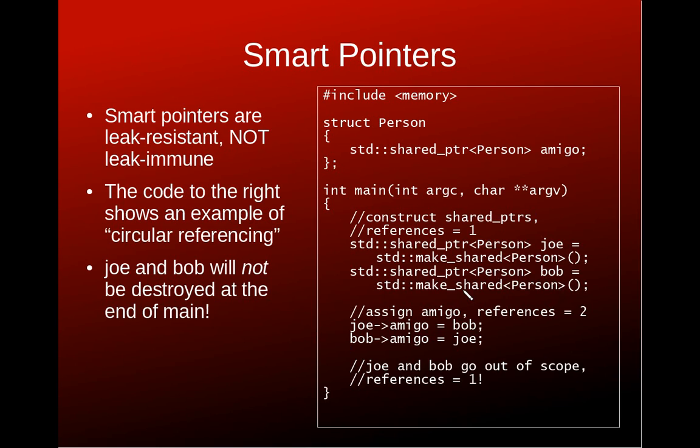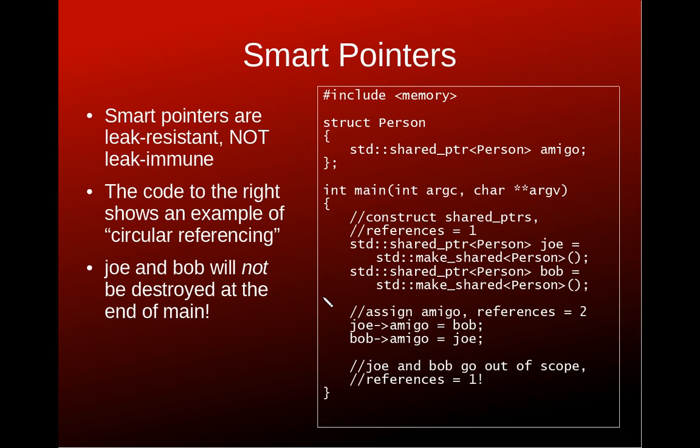So now what happens when we go out of scope in main, okay? When Joe and Bob go out of scope in main, these shared pointers are destroyed. Their destructors will decrement the references. And now the counted number of references is 1. So that's not 0. So shared pointer will not destroy those owned objects.